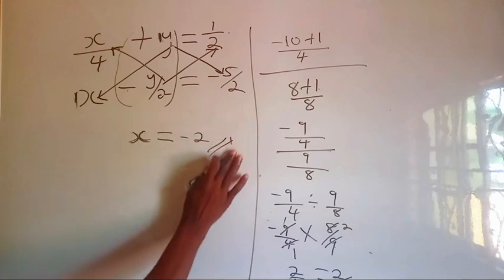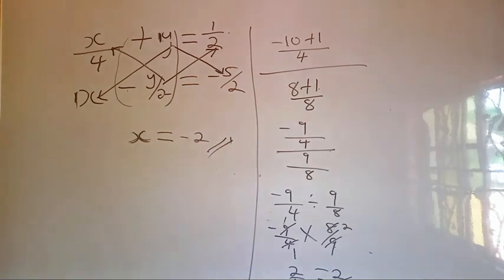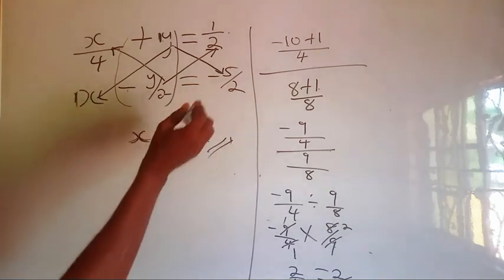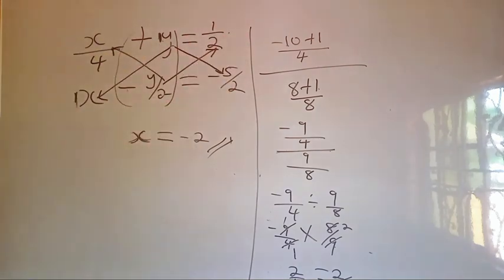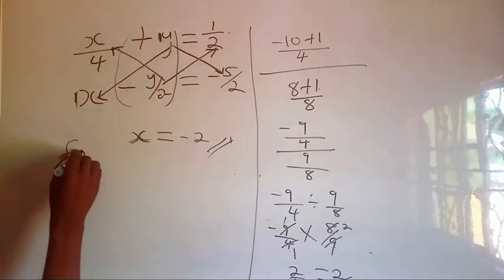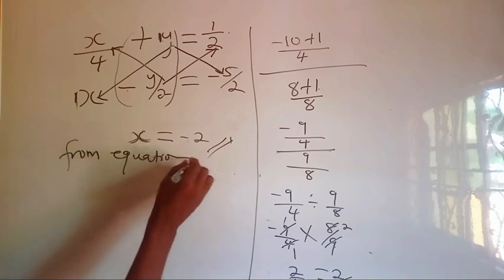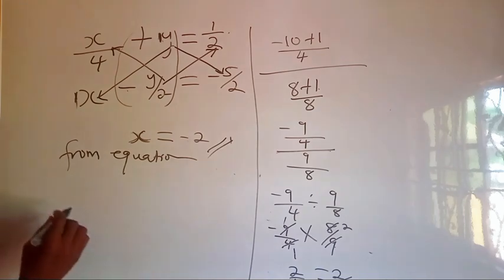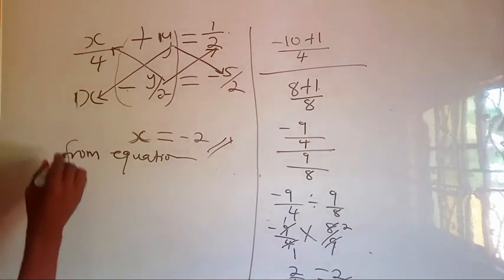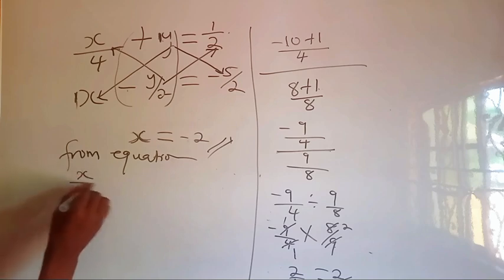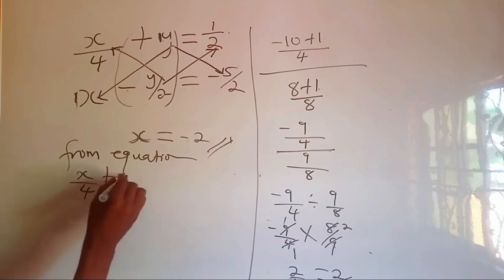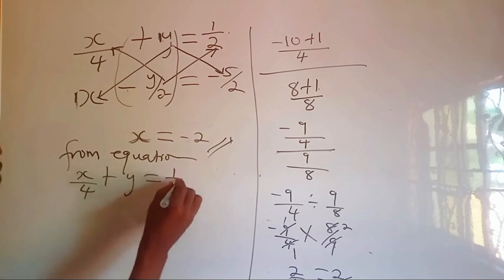So now, since we know the value of x, we put it in any of the equations. Let's put it in equation 1. From equation 1, where we see x, we put minus 2. So from equation 1, we have x all over 4 plus y is equal to 1 all over 2.